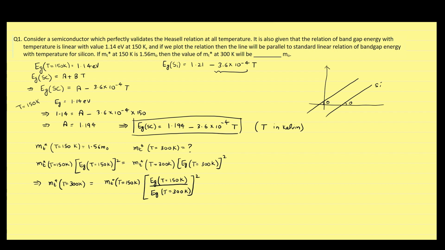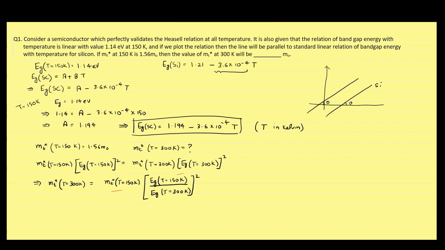Now we have transverse effective mass at 150 Kelvin, we have band gap energy at 150 Kelvin, and we have already found the equation of band gap energy of the semiconductor with temperature.